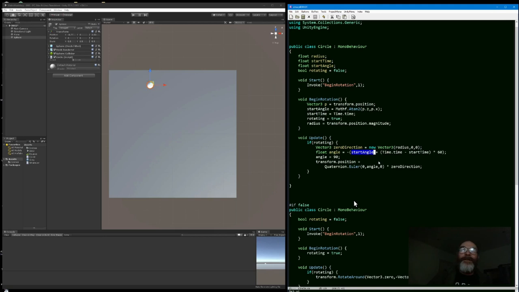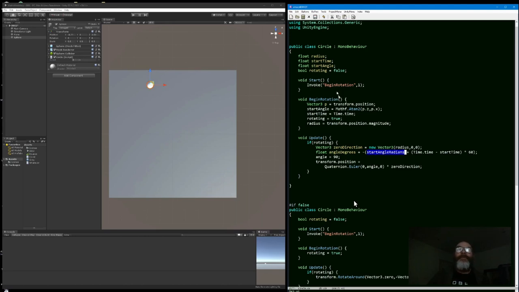So angle always gets you that one. Angle degrees equals start angle radians.